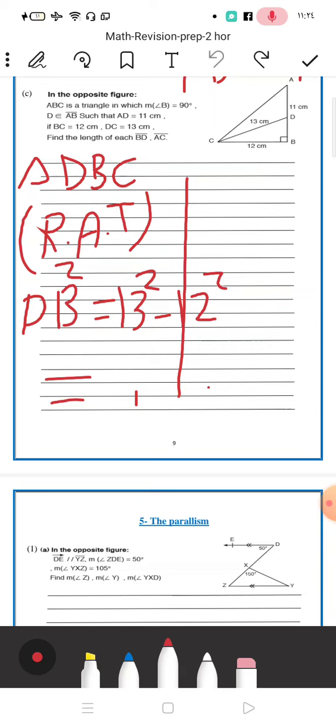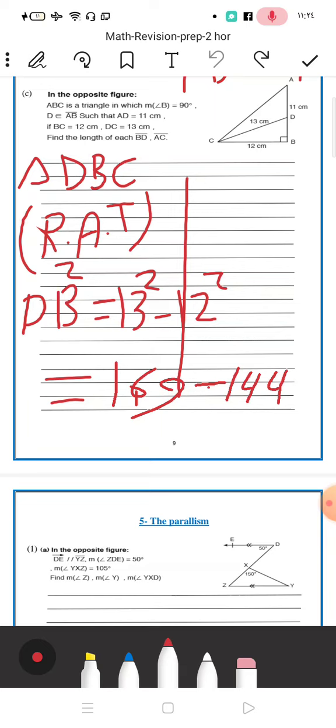Okay. It will be equal to 169 minus 144.